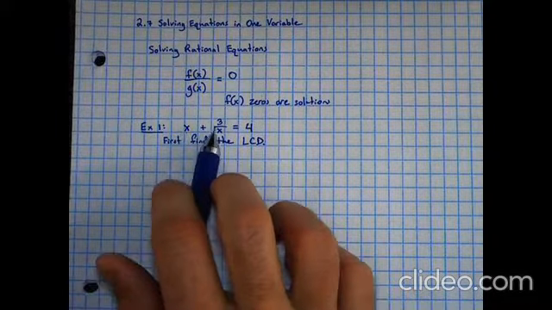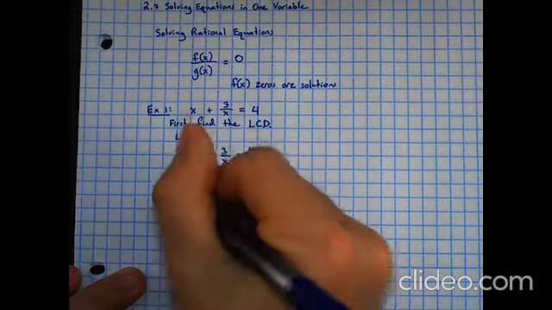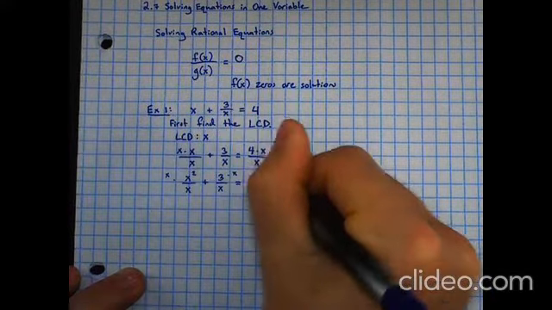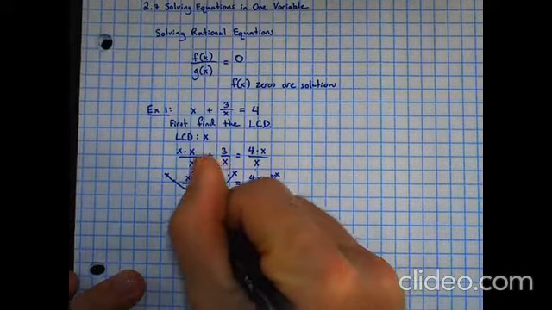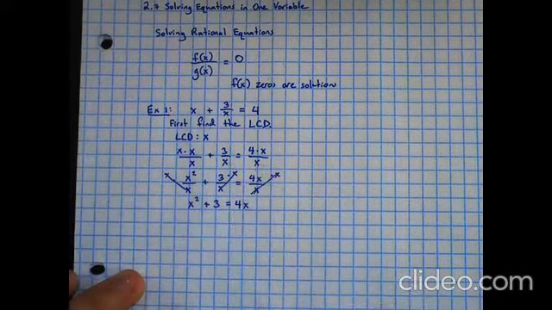Simplifying this out, that's x squared over x plus 3 over x equals 4x over x. Now that all my terms have a common denominator, I can multiply everything by that denominator, essentially canceling out all my denominators.